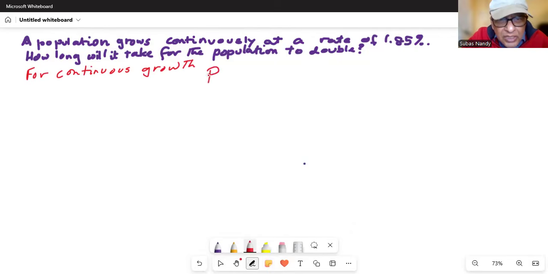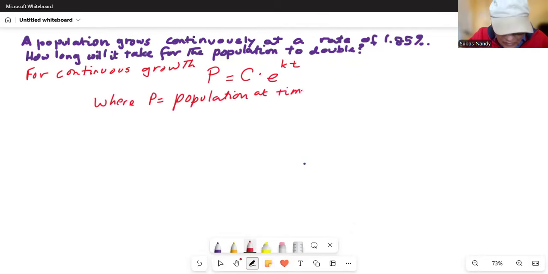The value of the population at any time is P equals C times e to the power of k times t, where P is the population at time t, and t is in years.